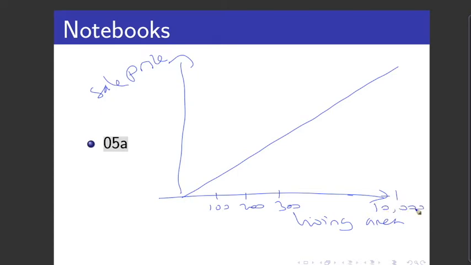You tell me, what is the first decision we should make? How are we going to create a decision tree which uses the living area variable to capture this kind of straight line over here? Well, we have to take some point on living area and we have to split. So let's say we split over there.